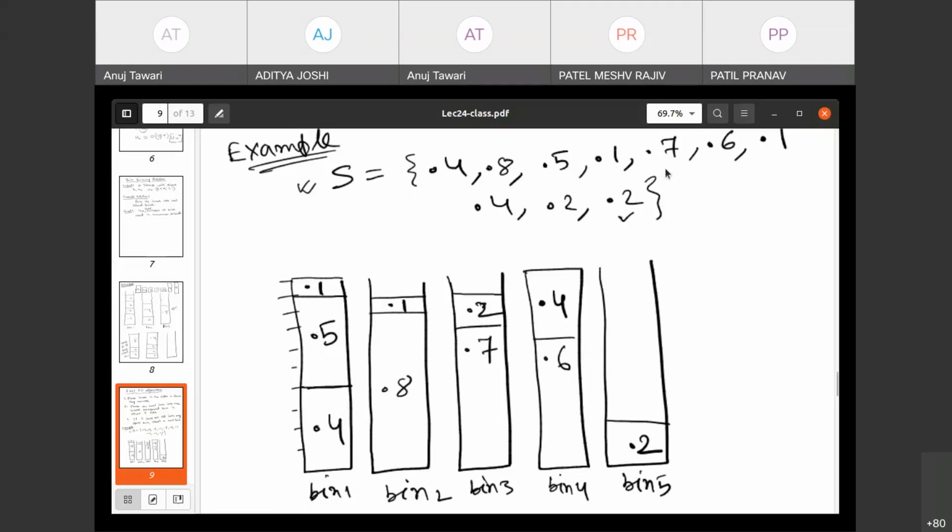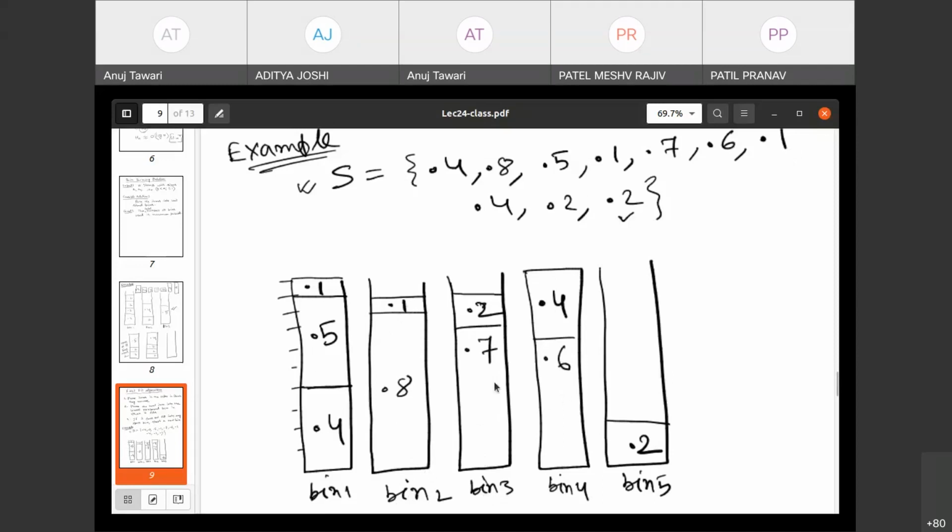Then 0.7. Okay, so 0.7 can't go into bin 2, so it has to go in bin 3. 0.6 again can't go in bin 1, bin 2, or bin 3, so it has to go into bin 4. 0.1 has many options. It could go in the second bin, bin 3, or bin 4, but I'll put it in the lowest numbered bin.